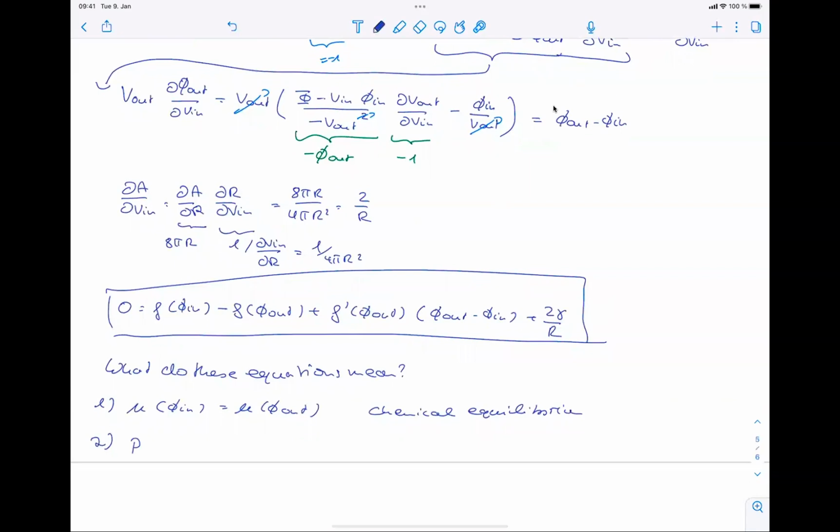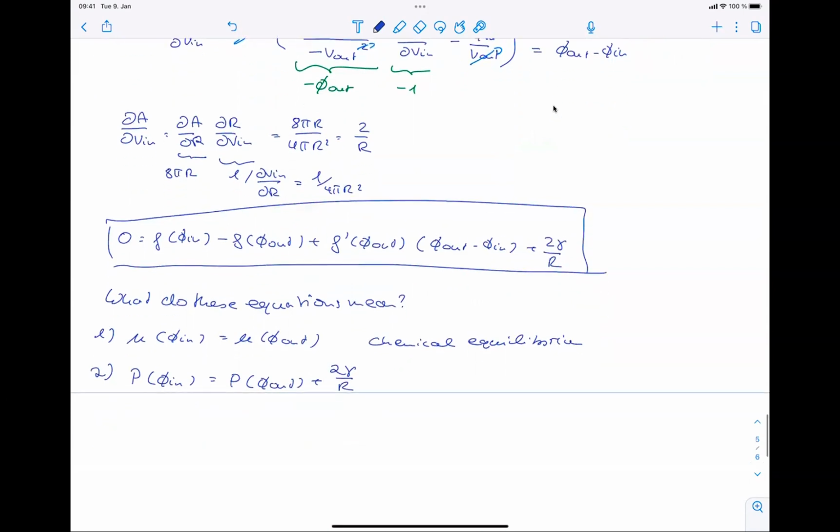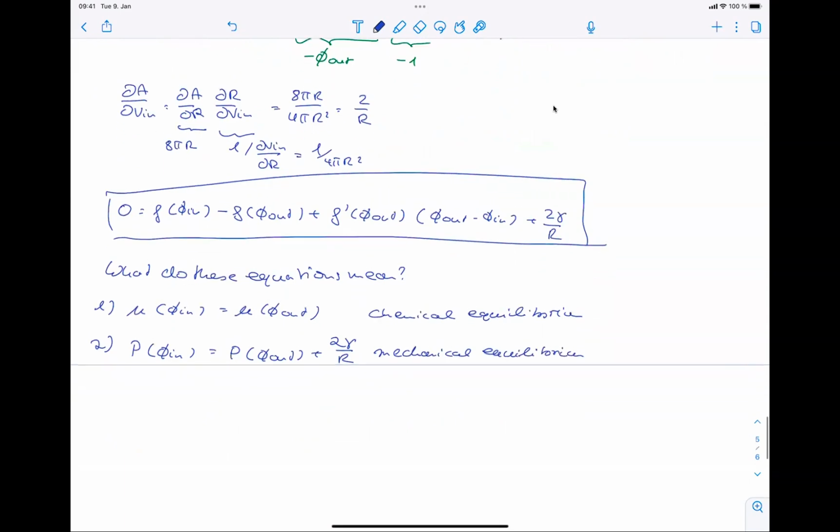So we're looking at P of phi in is equal to P of phi out plus the surface term. And that's sort of a mechanical equilibrium, whereas this surface originating term is called Laplace pressure.